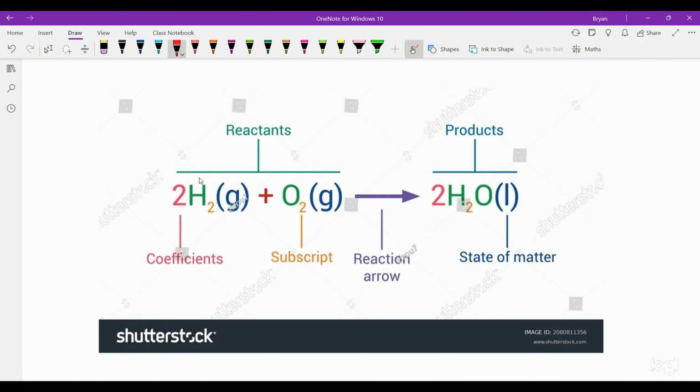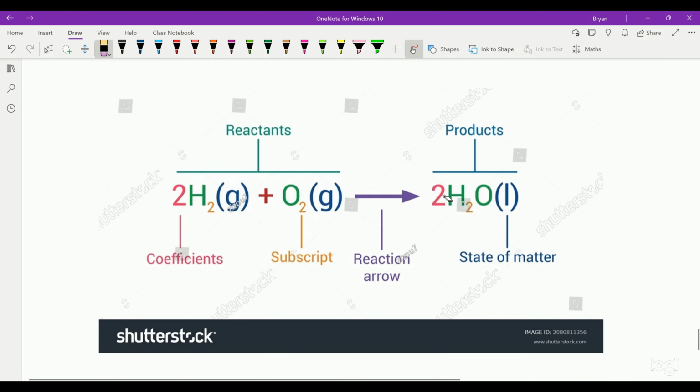But as we can see, if the number coefficients were not present, then there will be an imbalance in the number of oxygen on the left and the right hand side of the equation, which means that there are fewer oxygen atoms, which essentially means that you have destroyed one oxygen atom. As we all know, that is not true, or that cannot happen.